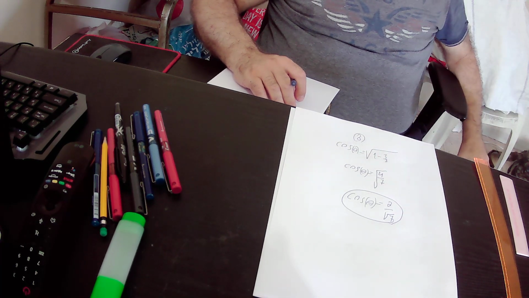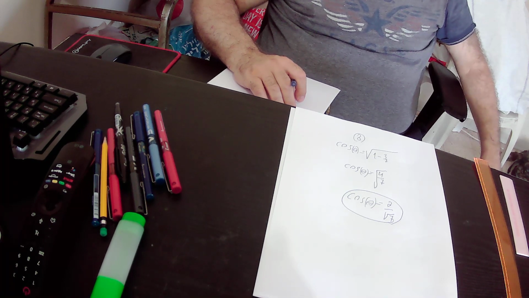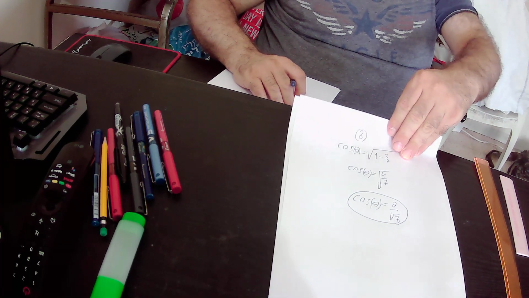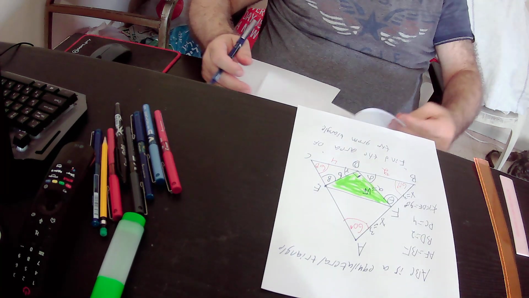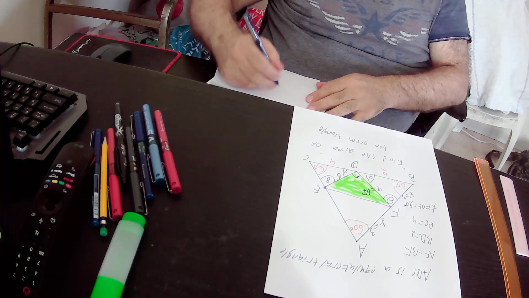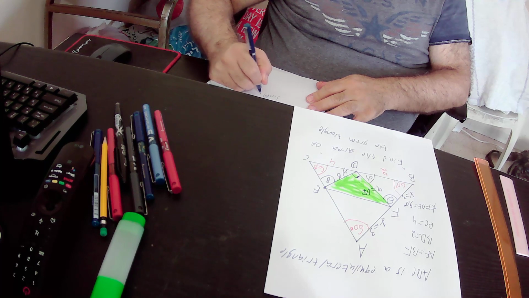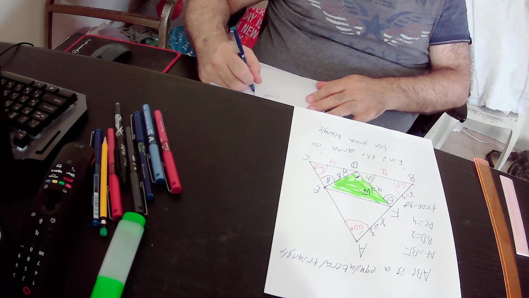And we have already found out that the value of sinus theta is the root of 3 over root of 7. So cosinus theta equals 2 over root 7, while sinus theta equals the root of 3 over root of 7.